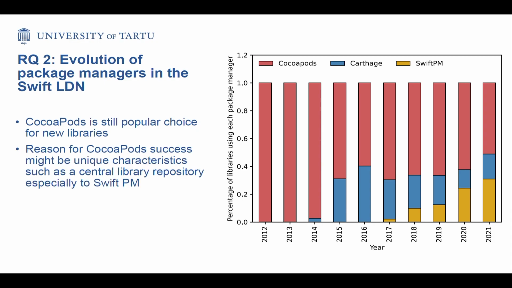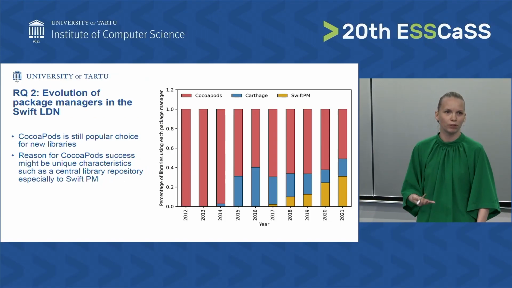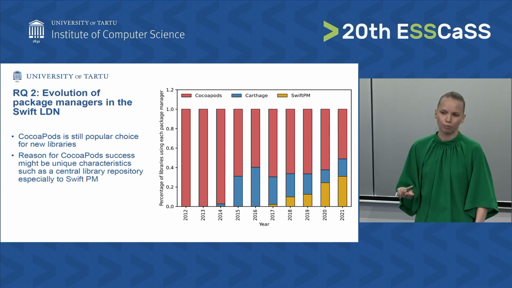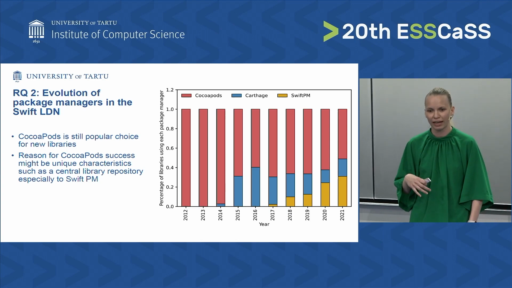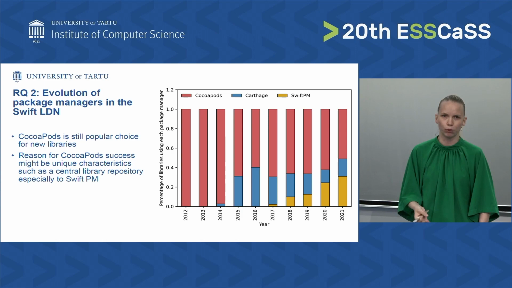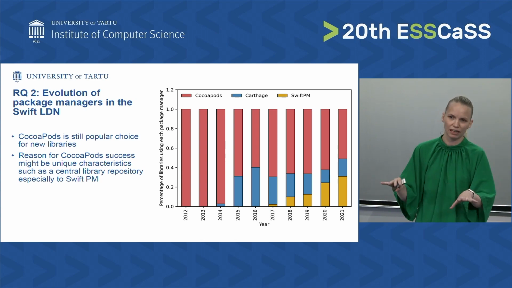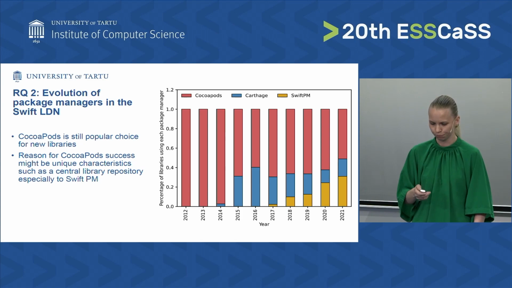My hypothesis is that it could be because CocoaPods has a central repository, which I think, if Apple would like to make SwiftPM adopted even more by developers, they could offer: a central repository for the libraries. And actually, a couple of months ago, I saw that Apple started to support a web page that has a repository for libraries, not having the libraries, but having information on the libraries. So it seems like they are also understanding that users want to have that information in one place.